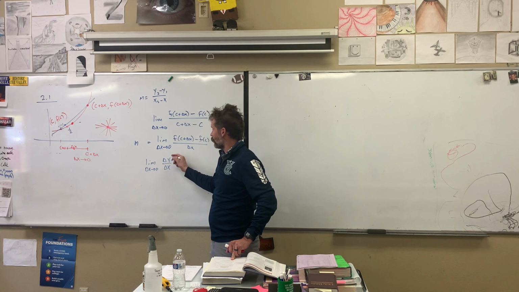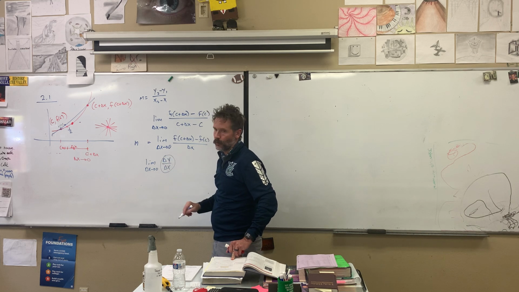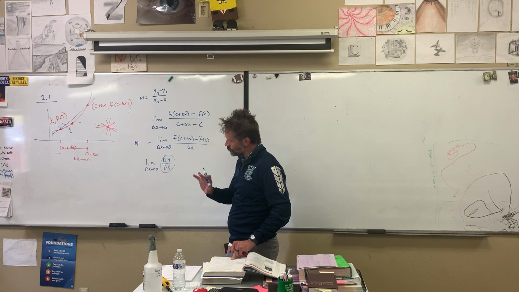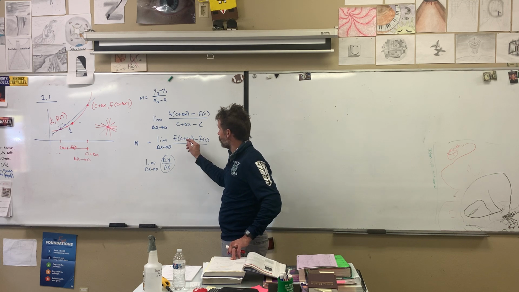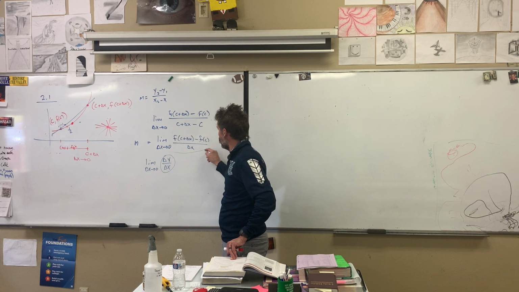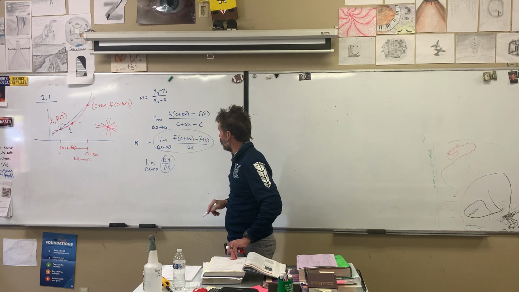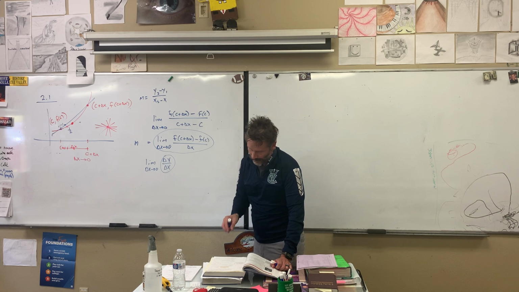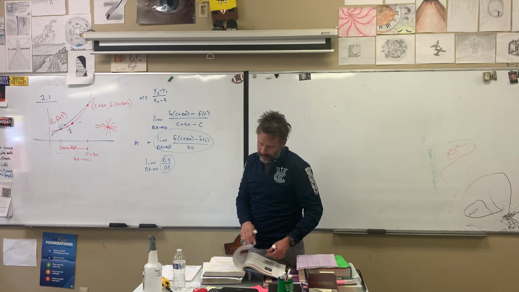So this is just our slope equation. We've referenced that since algebra 1, and it's change in y over change in x. And then they write this thing right here, and that's our limit with the limit definition in there, and that is equal to m. That is called the tangent line. That is also known as our derivative.